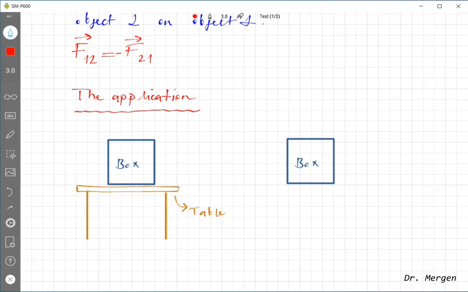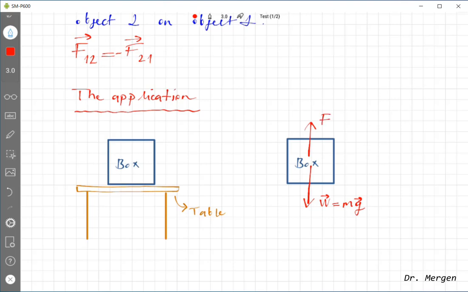We only have forces in the vertical direction. We have the weight of the box, and we have another force which is applied by the table onto the box, which is called the normal force.